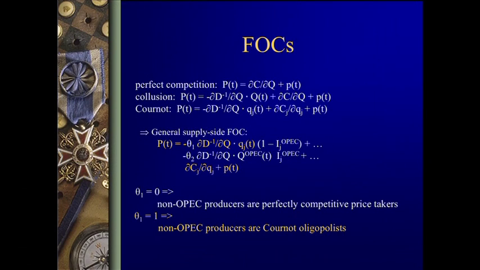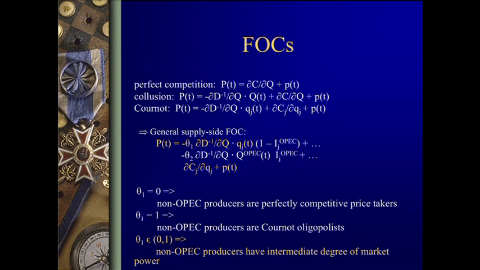If theta 1 is equal to 1, on the other hand, so that this first term becomes significant, then price is equal to markup plus marginal cost plus the marginal user cost, and then we have this Cournot oligopoly. Basically, we have this third first order condition over here. So this model collapses to the non-OPEC producers being Cournot oligopolists.